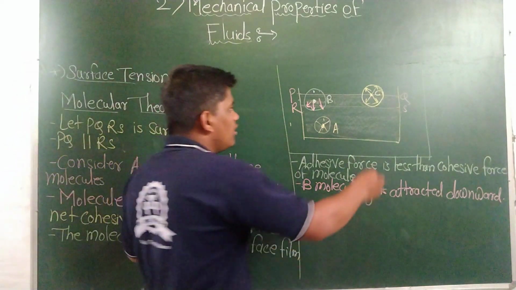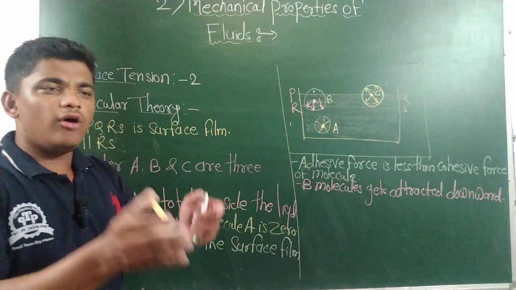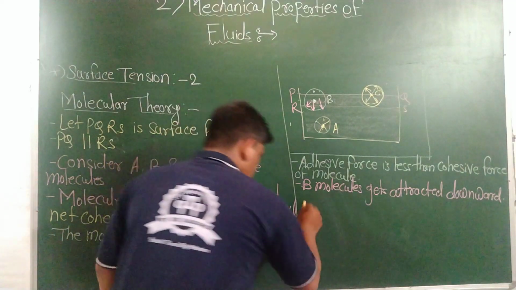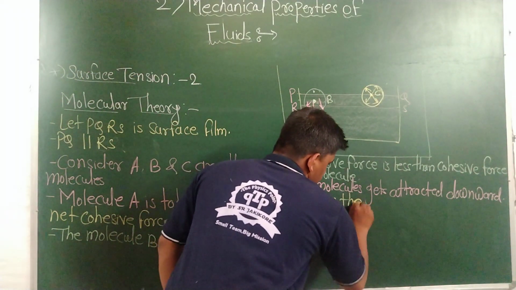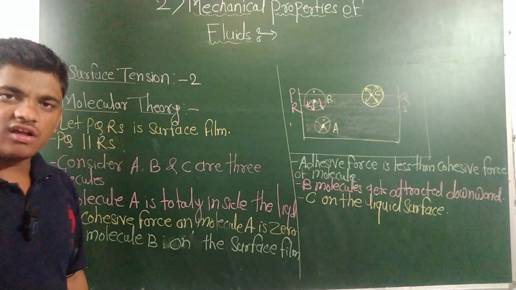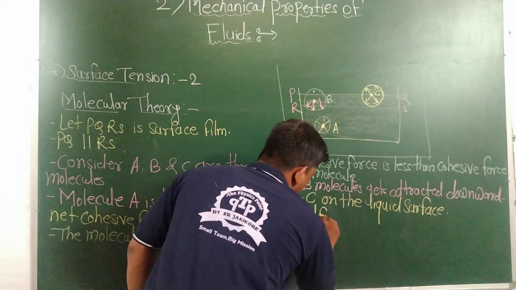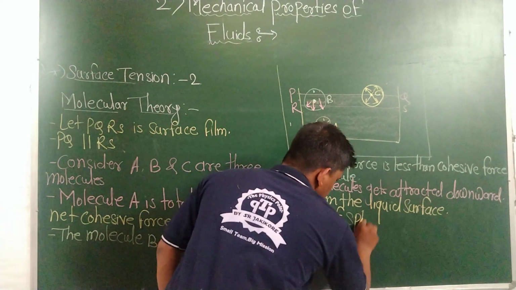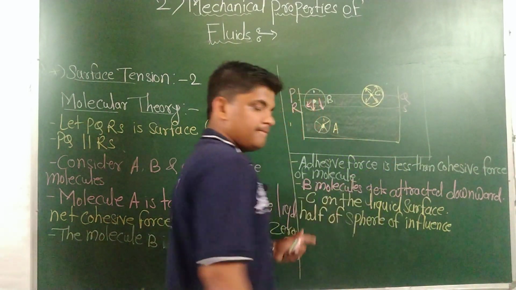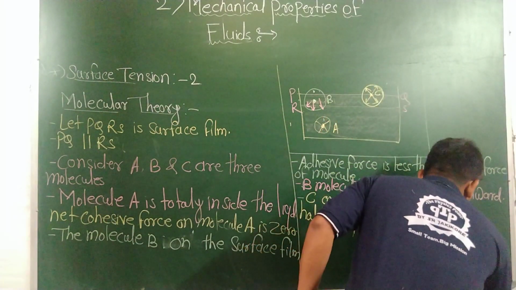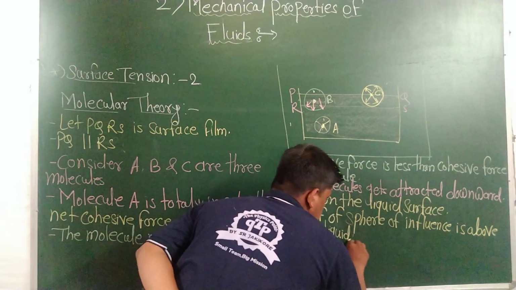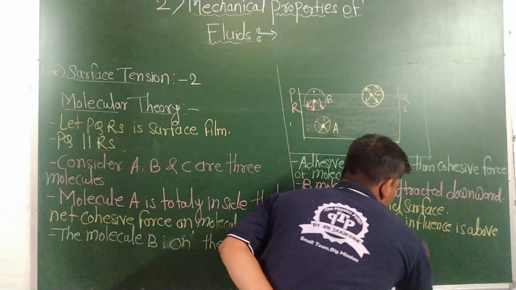Because of the density and the number of molecules: if the density of air is less, then the number of molecules per unit volume is less. So the number of molecules above the surface, okay, see on the liquid surface. Point C on the liquid surface, half of the sphere of influence of the molecule C is above the liquid surface and half is below.